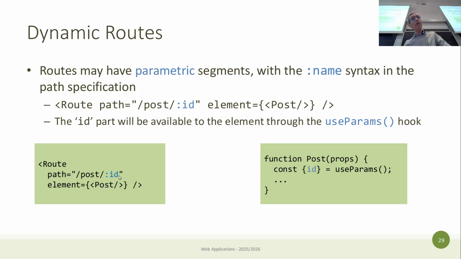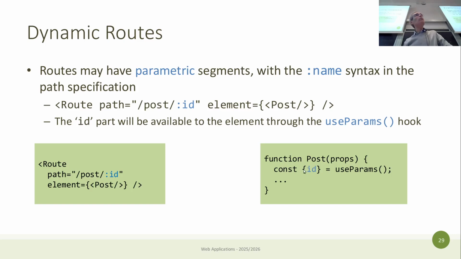How do we get the information about the ID? Should we pass it through props? Not really needed. There is a hook that can get this information for us. That's great, right? Inside the component, useParams analyzes the URL, and if there is a parametric part, there can be more than one parametric part, it gives it to us, okay?